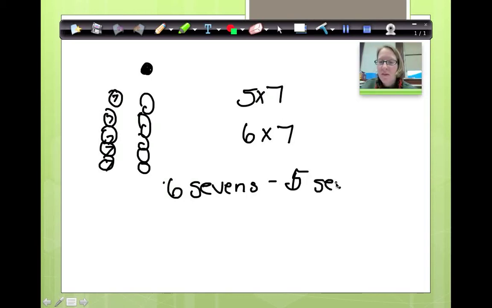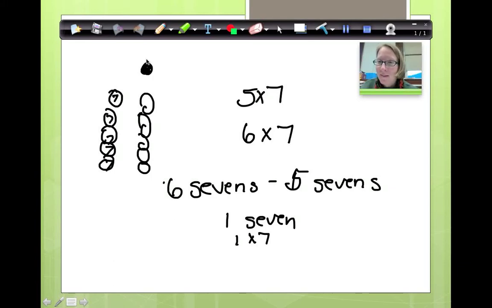I just gave you the answer. It's 1 seven, or one group of 7. Do you understand? So the only thing that's different between 5 times 7 and 6 times 7 is one group of 7. Okay?